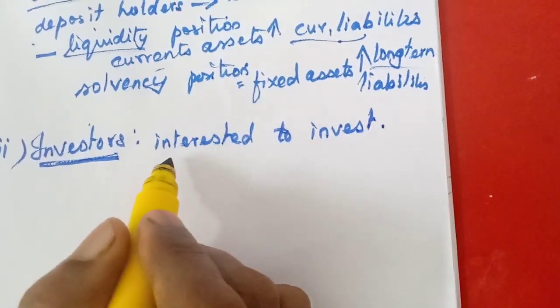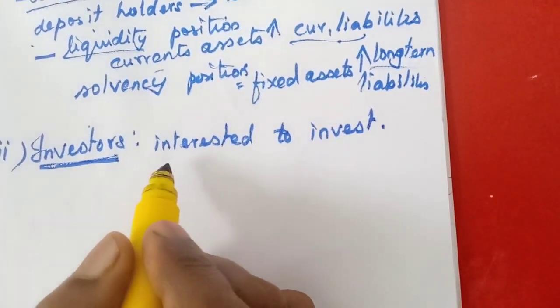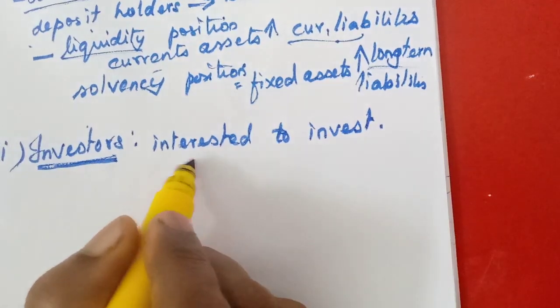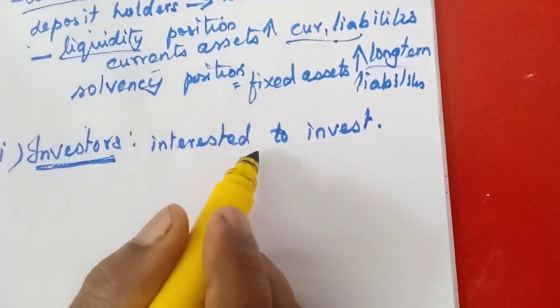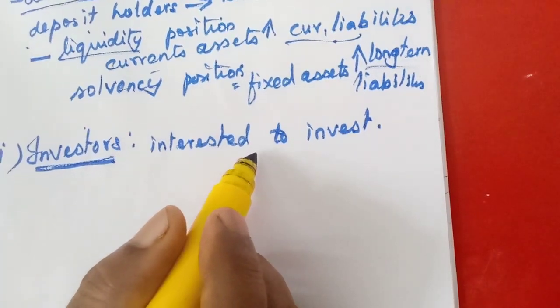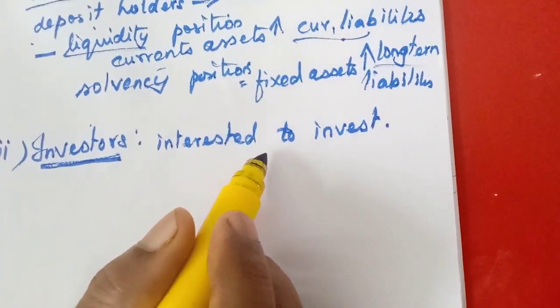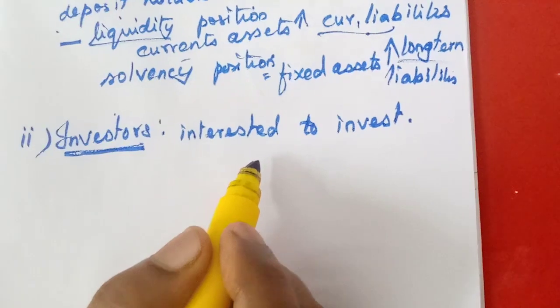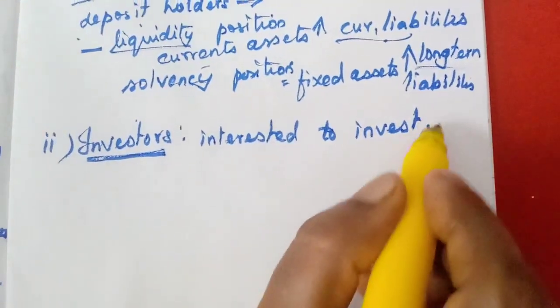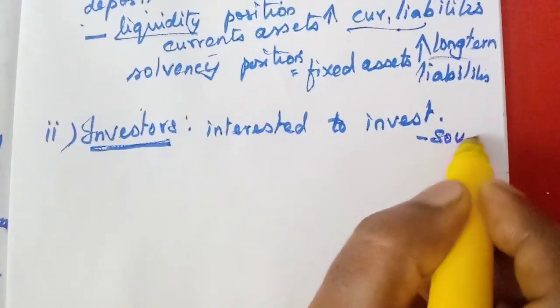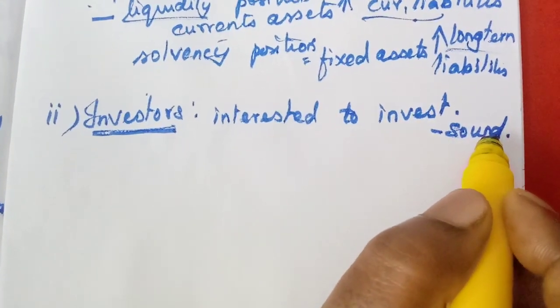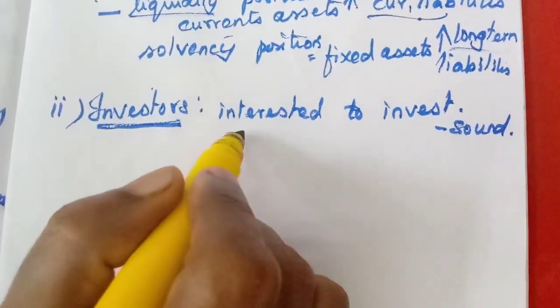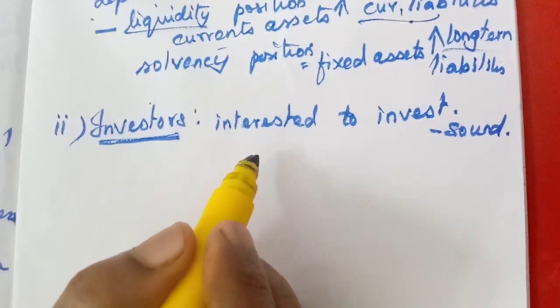By seeing the financial information of a company, the public may be interested to invest because they earn more profit. They will be seeing whether the financial condition is sound, whether it is good. Then they will be deciding to invest their savings into that particular organization.